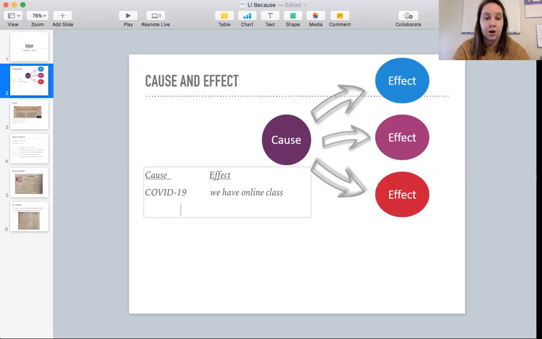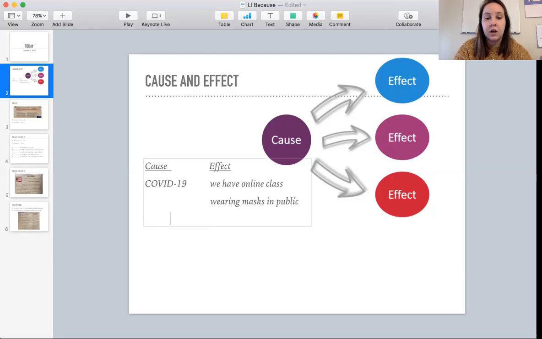We can also talk about wearing masks in public. Other effects might be we cannot visit family and friends. So when we think about cause and effect, we're thinking first about the thing that makes everything happen, and then the outcomes or the effects of that cause.